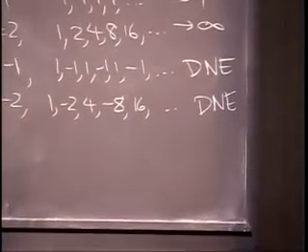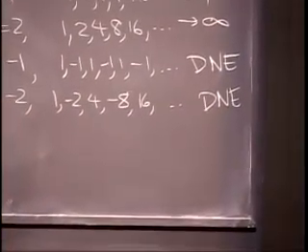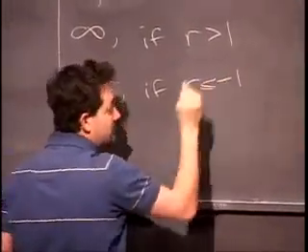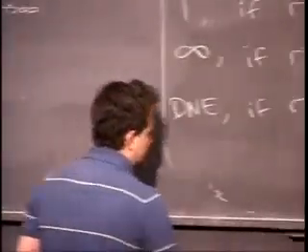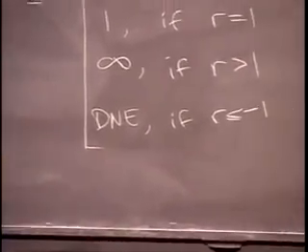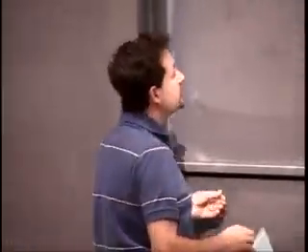And so, in general, the limit does not exist if r is less than -1 or even equal to -1. And that's the complete categorization of this geometric sequence. So this will become even more important when we start to add these things up. But for the moment, I suggest that you learn this limit in the different cases.